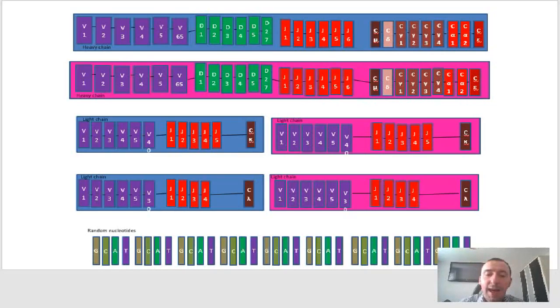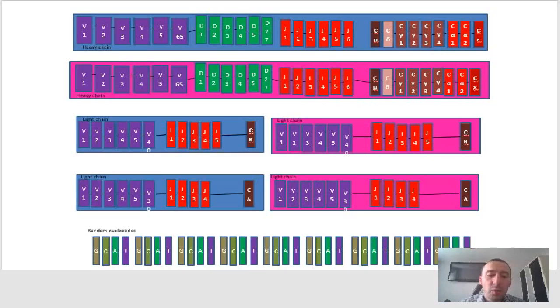Okay? And it will also have 2 copies of the kappa light chain and 2 copies of the lambda light chain. Okay? So in summary, we have 2 heavy chains and 4 light chains.